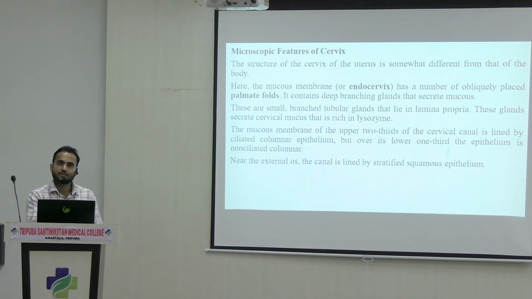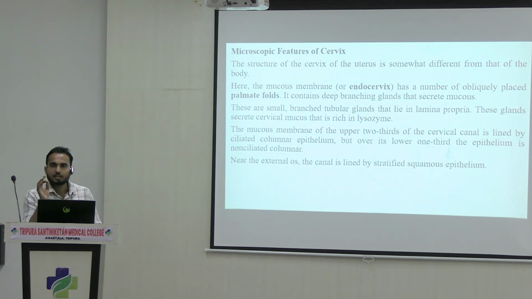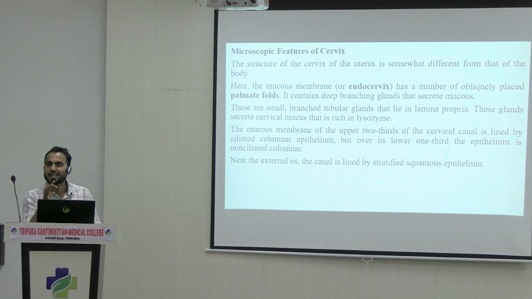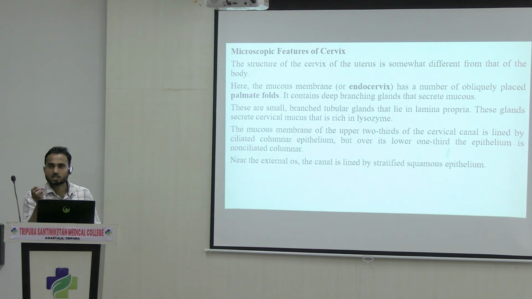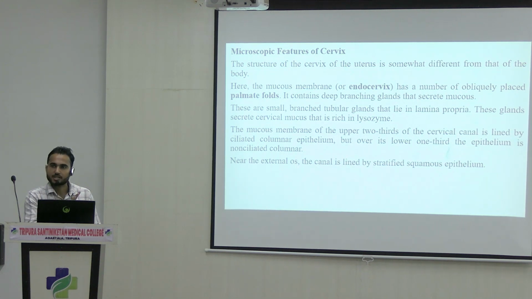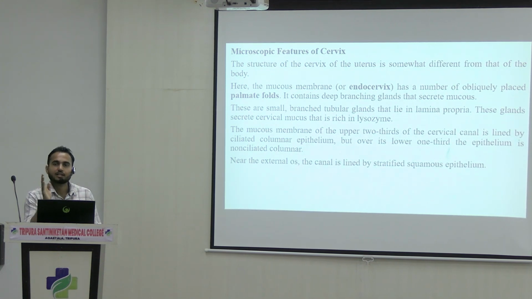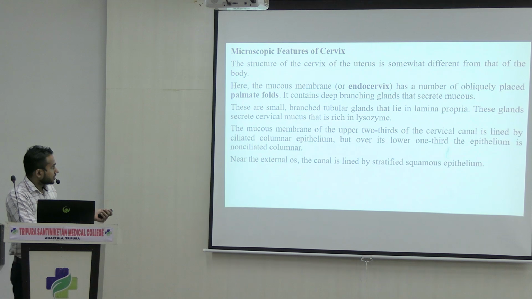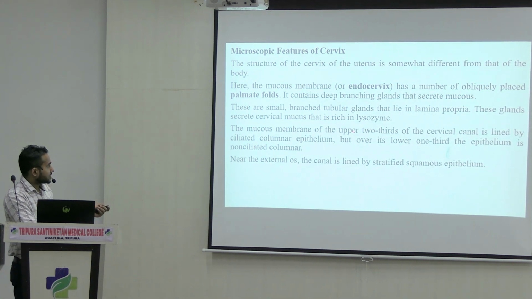Why? Because when you study the vagina, we will come to know that the vaginal epithelium is kept moist by the mucus secreted from the cervix. In the vagina no mucus glands are present, but it is kept moist. How? By the mucus which is secreted from the cervix. That's why these glands are very important, and they are also rich in lysozyme.